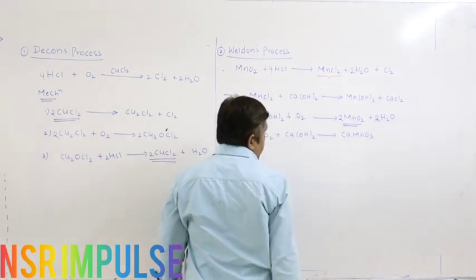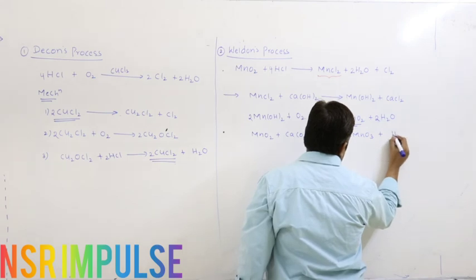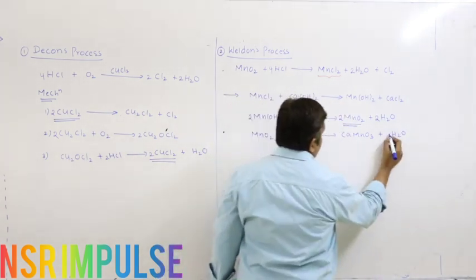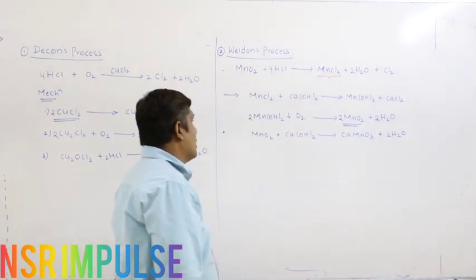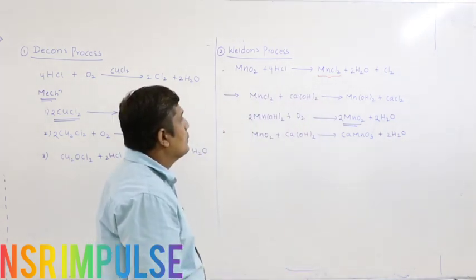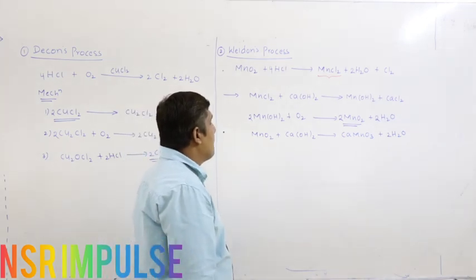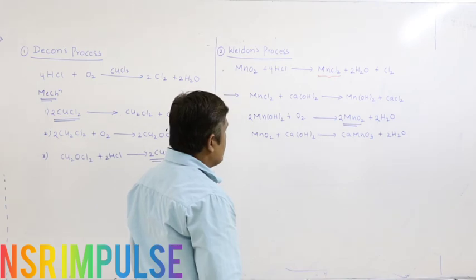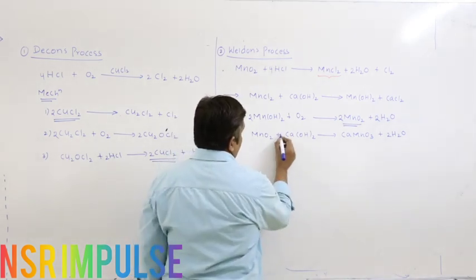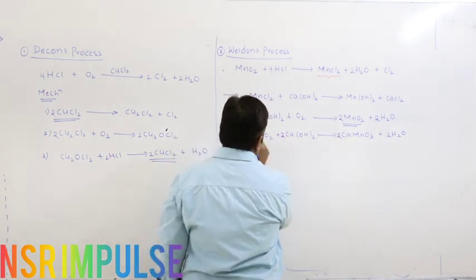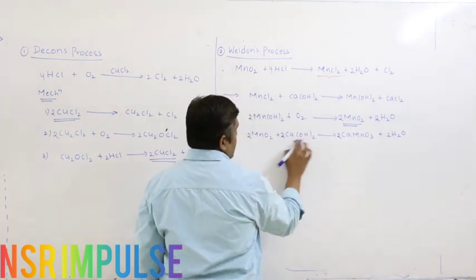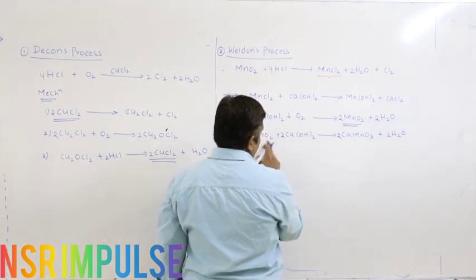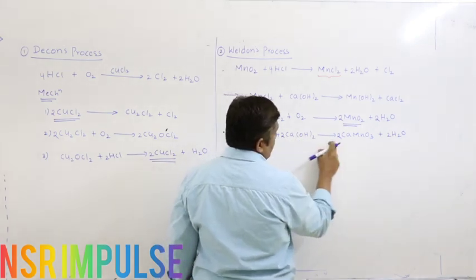CaMnO3 and water. 2 hydrogens, 2 H2O, 2 plus 3, 5. 4 hydrogens, 2 calcium atoms, 2 manganese, 2 into 4, 8, 2 into 6, right?